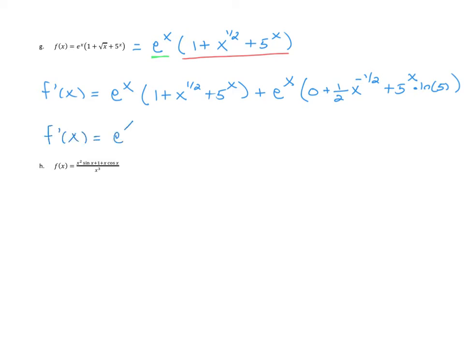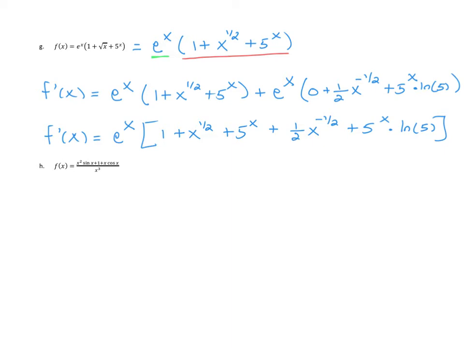So that is, you factor e to the x out from both terms. I'll then copy down 1 plus x to the 1/2 plus 5 to the x. And then I'll copy down these terms, but I'll leave off the 0. So you get plus 1/2 x to the negative 1/2, and then plus 5 to the x times the natural log of 5.